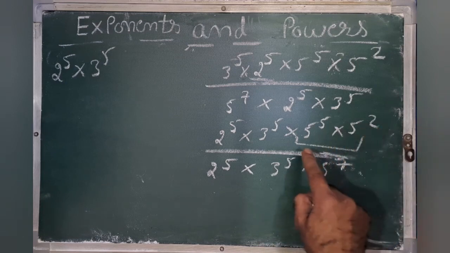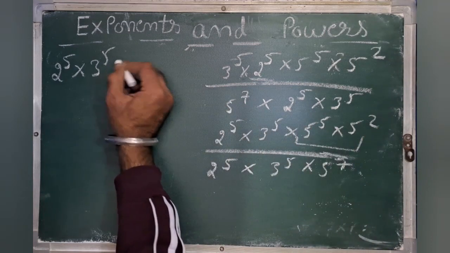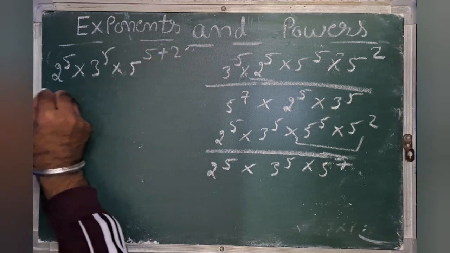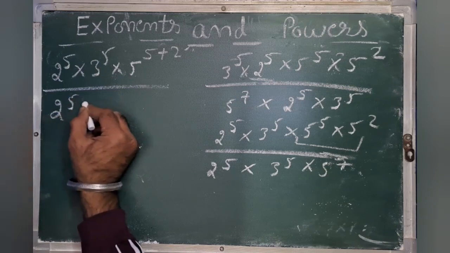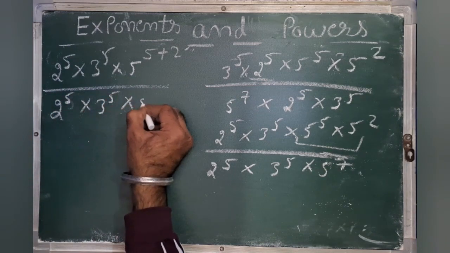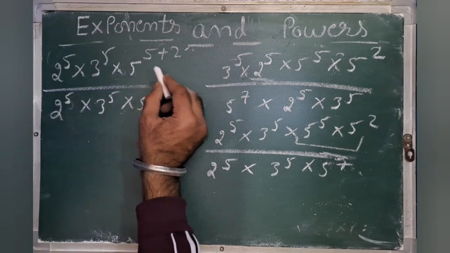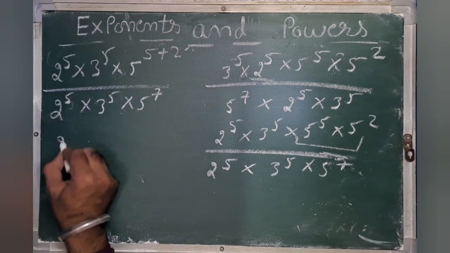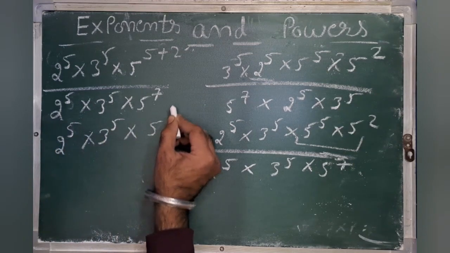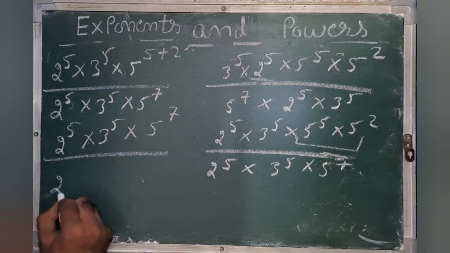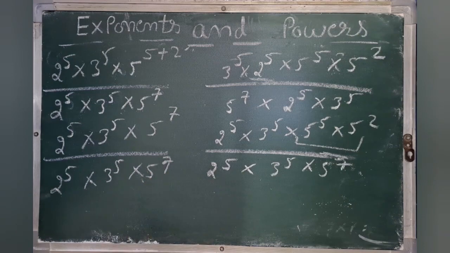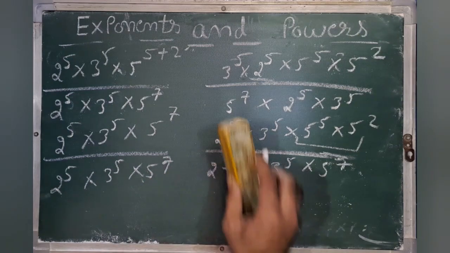We add the exponents. So 5 power 5 plus 2 upon 2 power 5 multiply 3 power 5 multiply 5 power 7. So this 5 plus 2 is 7. So 2 power 5 multiply 3 power 5 multiply 5 power 7 upon 2 power 5 multiply 3 power 5 multiply 5 power 7. Next step.